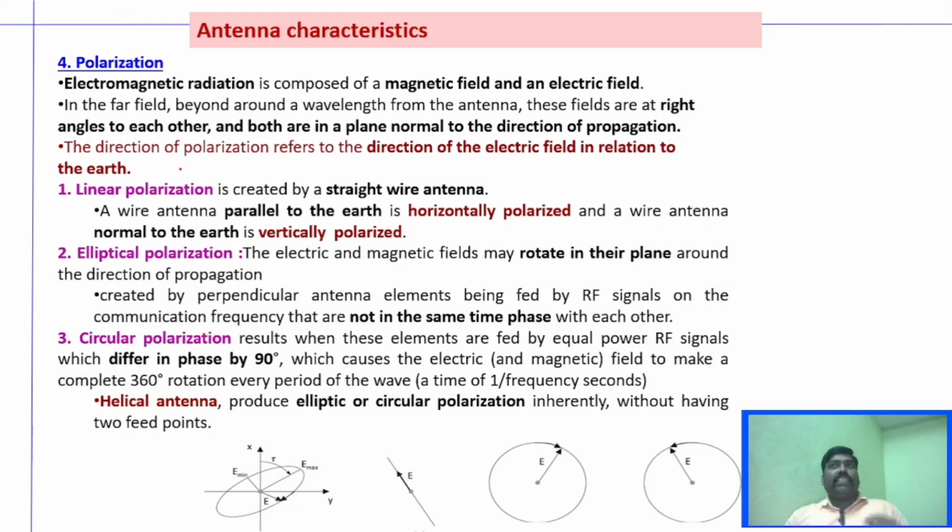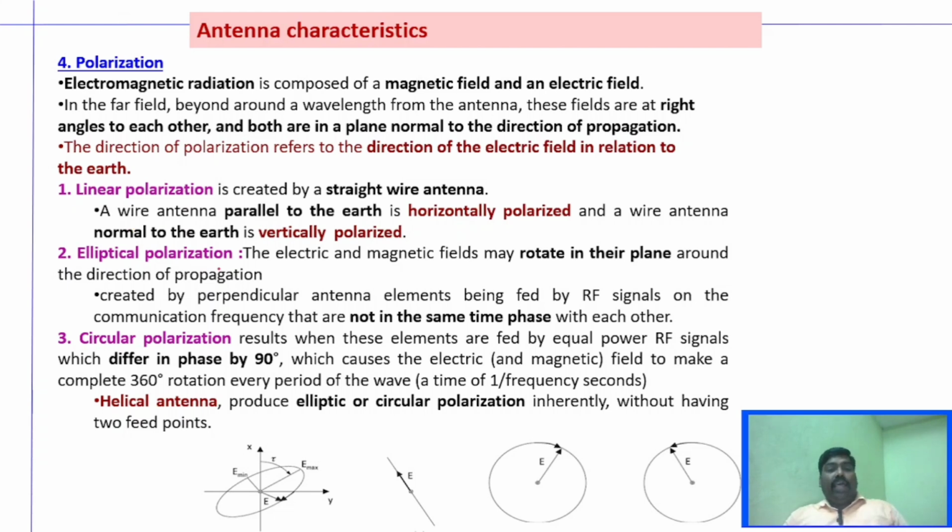This polarization can be of three types: linear, elliptical and circular. Very commonly used is linear polarization, where we have horizontally polarized and vertically polarized, depending upon how the electric field is radiated. You can see here a plain wire parallel to the earth is called horizontally polarized, and a wire that is normal to the earth is vertically polarized.